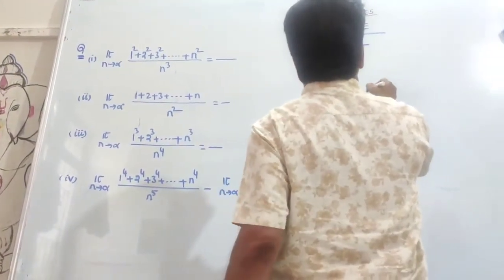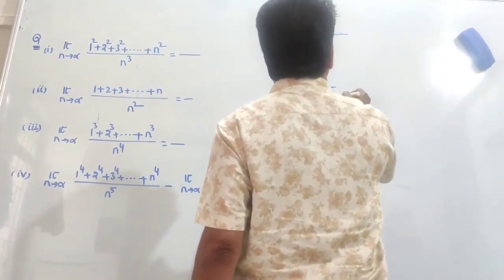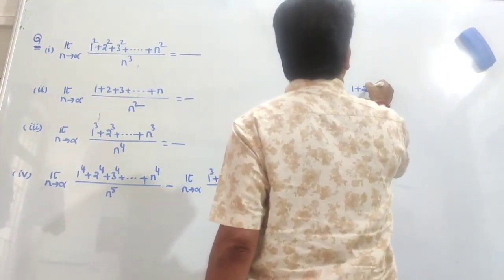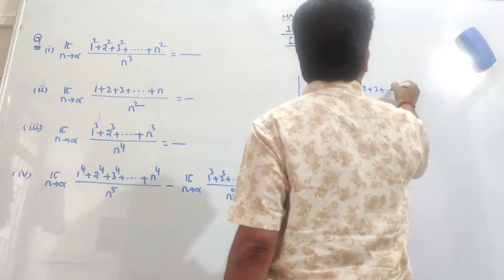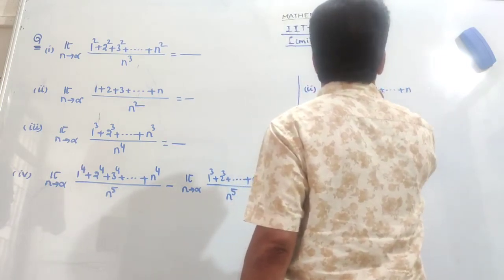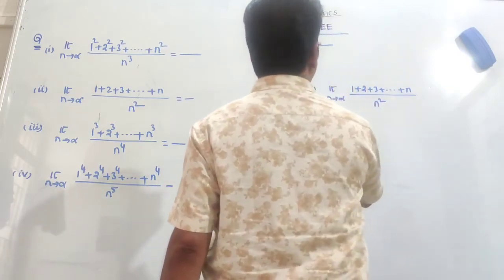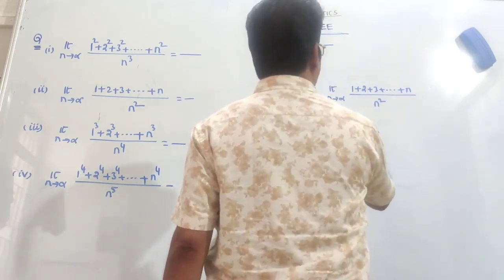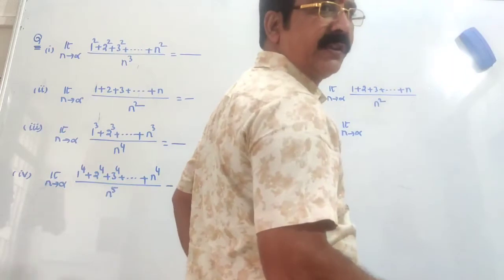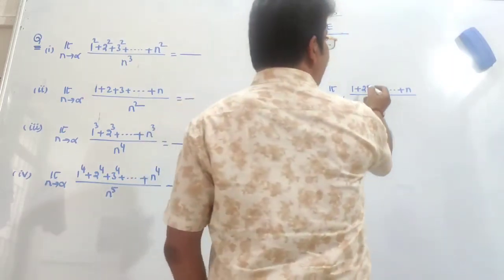Limit n tends to infinity of (1 + 2 + 3 + and so on + n) divided by n². So that is equal to, strictly according to the procedure, you come here. It is sigma n.